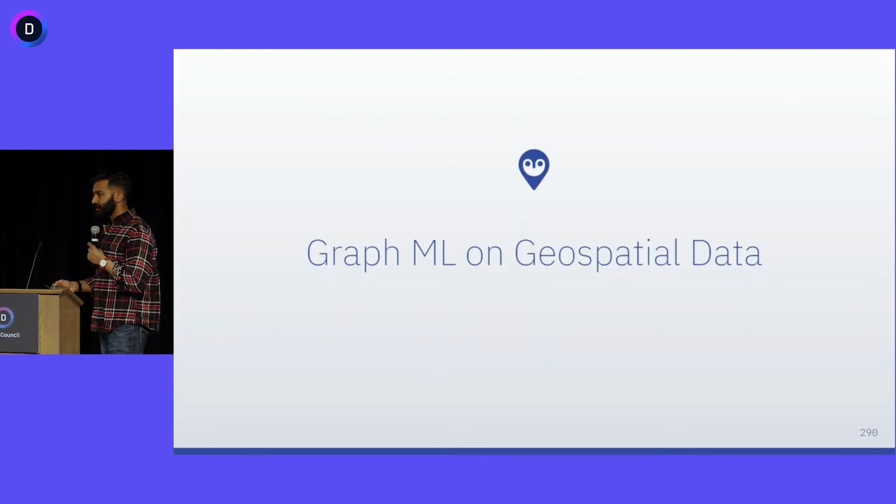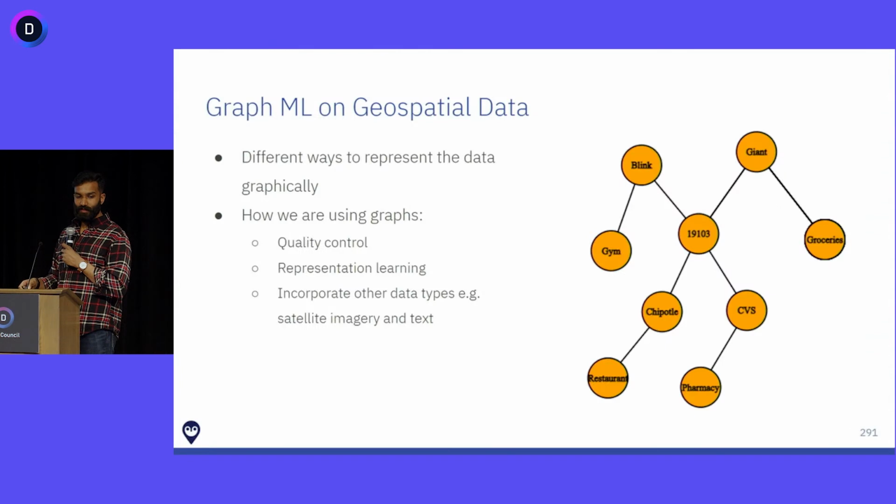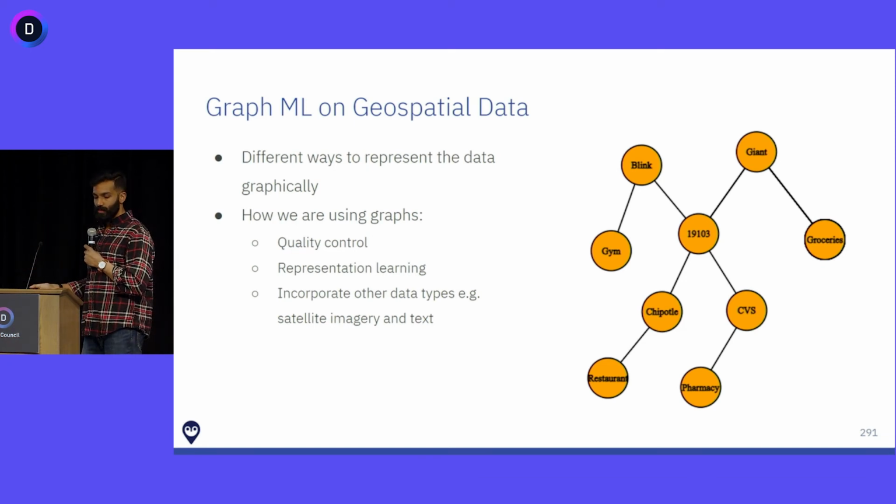And finally, this is a little sneak preview, like I said, of something that I'm very excited about: graph machine learning on geospatial data. There are many ways to represent this tabular geospatial data graphically. This is one example that we've started playing with.